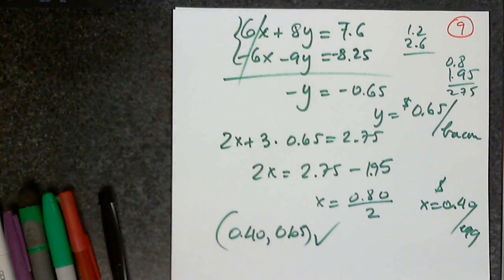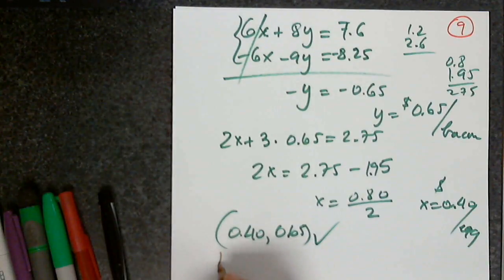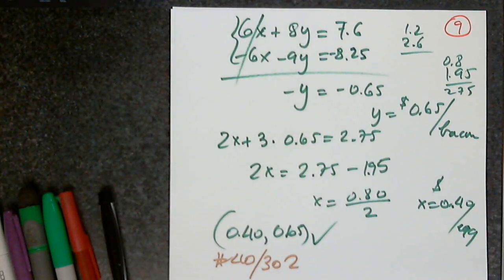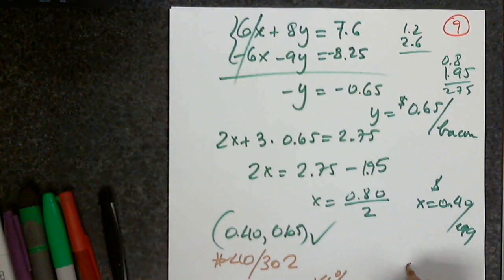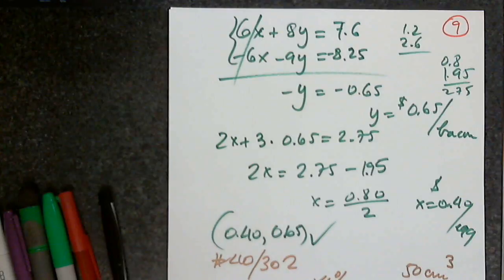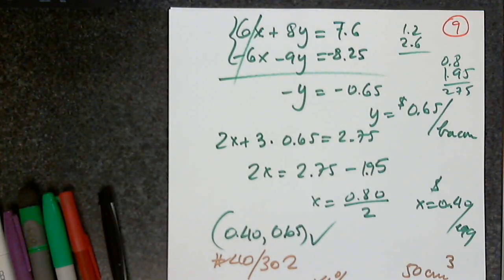Okay, let's go back to one other acid type situation, 40, on page 302. Find the amount of a 6% acid solution and the amount of a 14% acid solution that should be combined to prepare 50 cubic centimeters of a 12% solution.